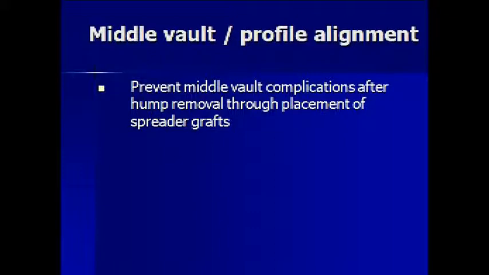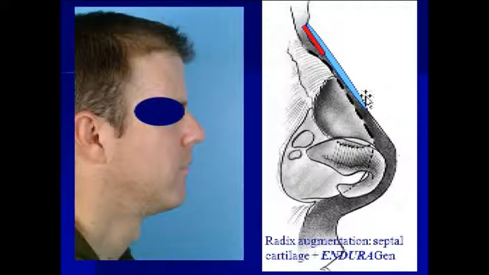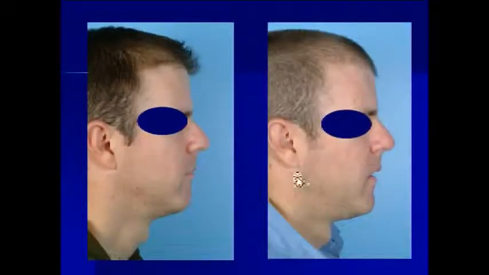The other option is to not reduce the hump at all. Sometimes in an individual like this, you see what looks like a hump and it's tempting just to lower it by cutting it out. But instead of doing that, we can consider placing some material like cartilage above the hump to mask it. And you can see that here in this individual.